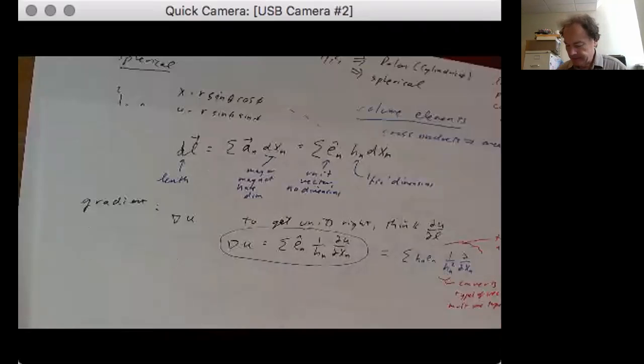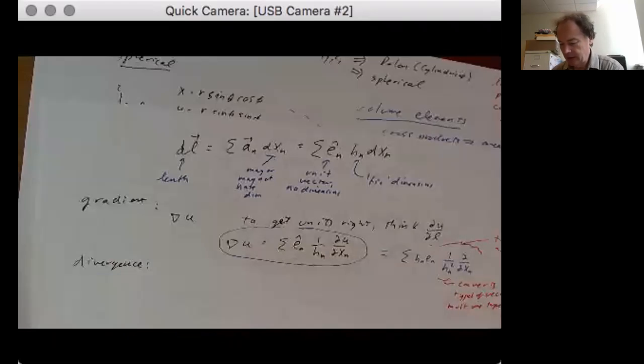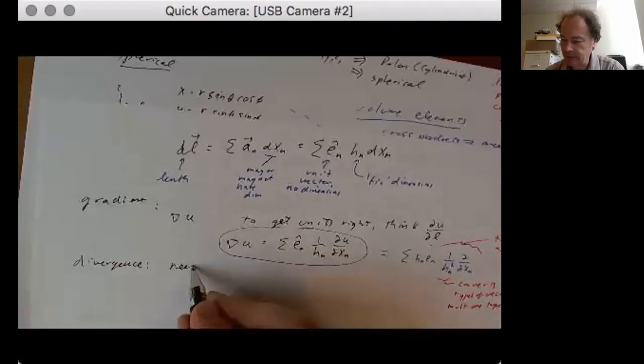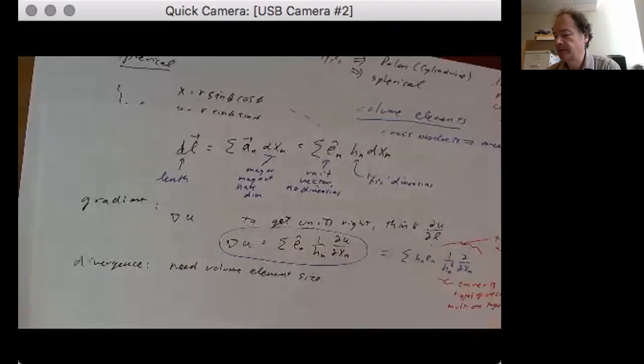So the approach for the divergence then, again, we're thinking about we need to correct the volume element size because it varies with where you are.